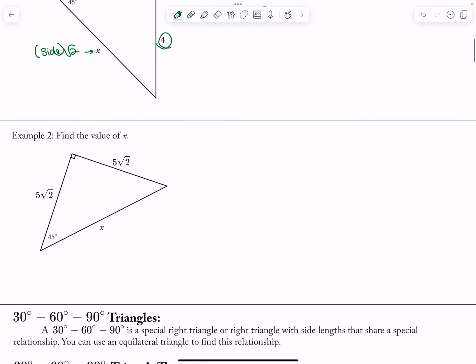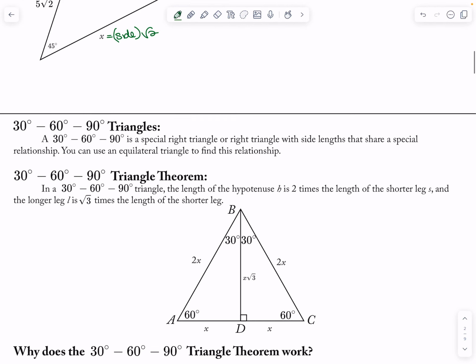Now here, again, side length times root 2. So then x is equal to 5 root 2. That's my side length times root 2 again. So I get 5, and then I multiply the two 2's underneath the root, and I get root 4. Square root of 4 is 2. So then 5 times 2 is 10.